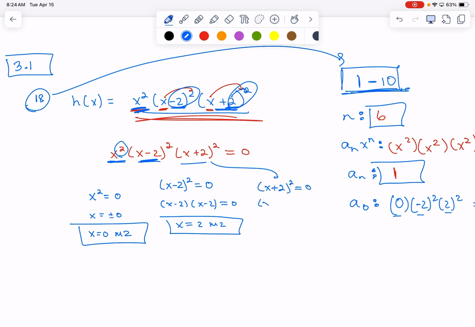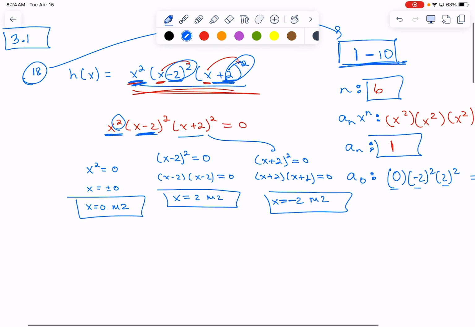So you're going to get x plus 2 times x plus 2. So what do you get for your answers? Negative 2 twice. All of these have multiplicity 2. What's this graph? It's going to do a lot of bouncing. Follow the bouncing ball. All right, here we go.